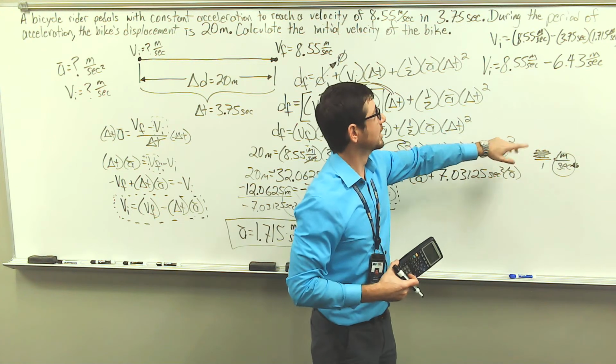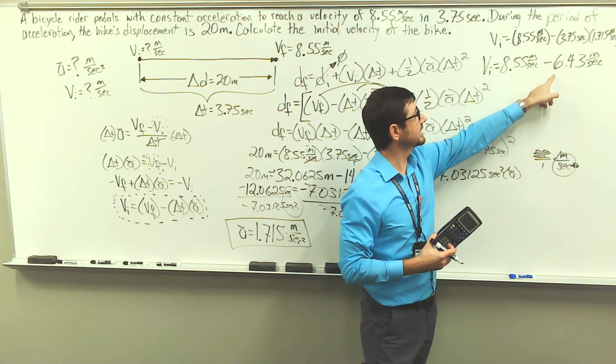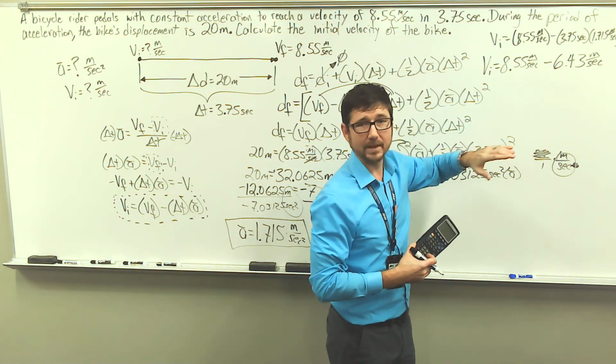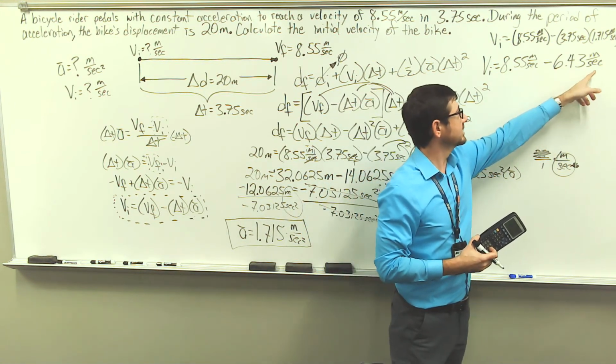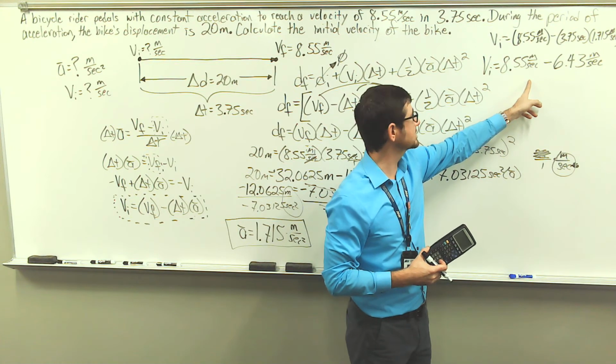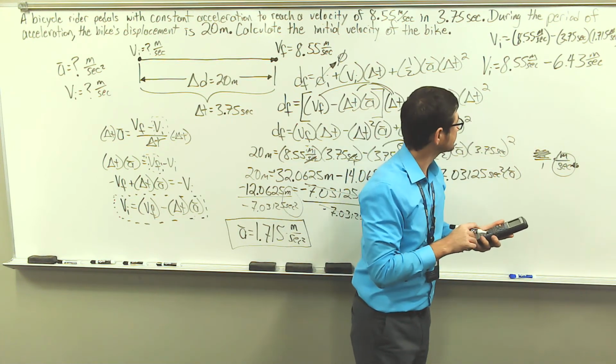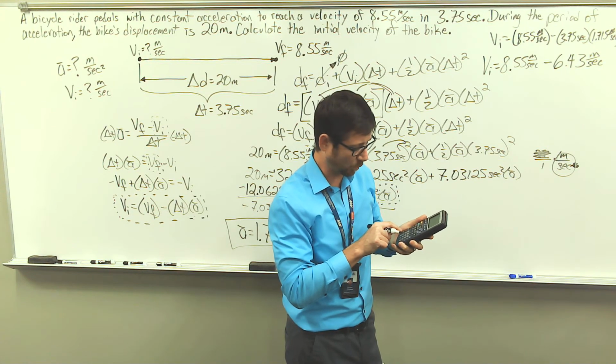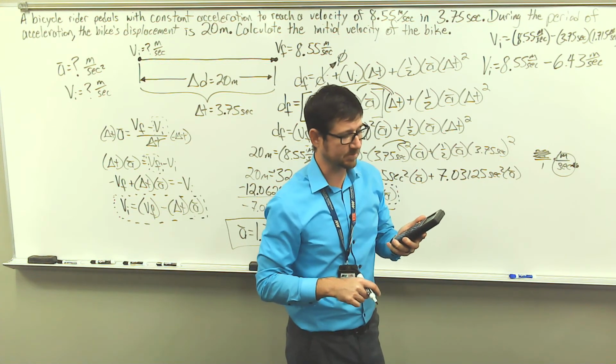Thanks. Okay. So what we're doing here is subtracting 6.43 meters per second. And we're allowed to do that because these values have the same units. Okay? So let's do 8.55 minus 6.43. And this gives me 2.12.